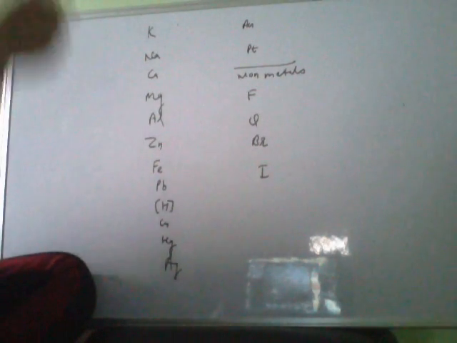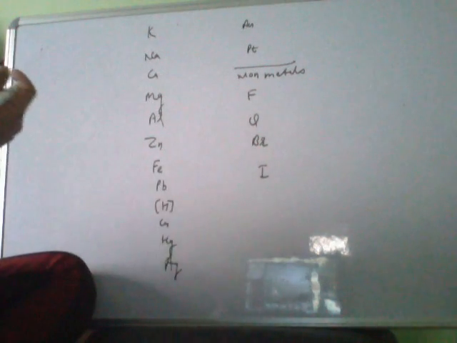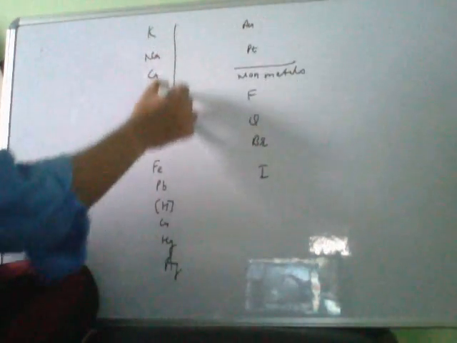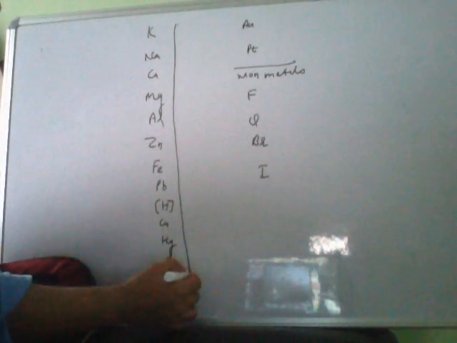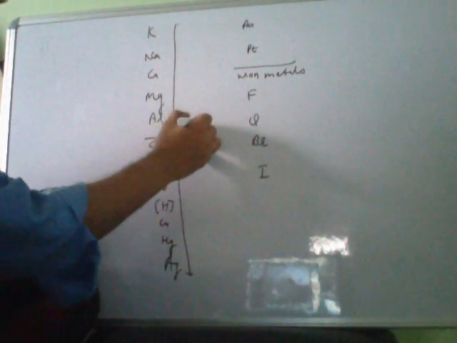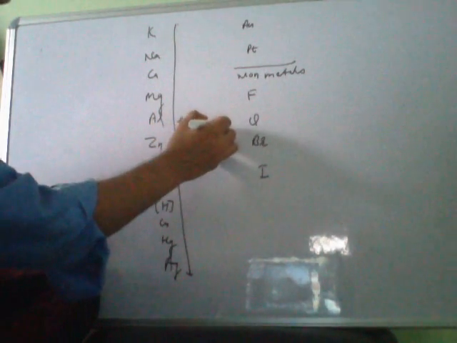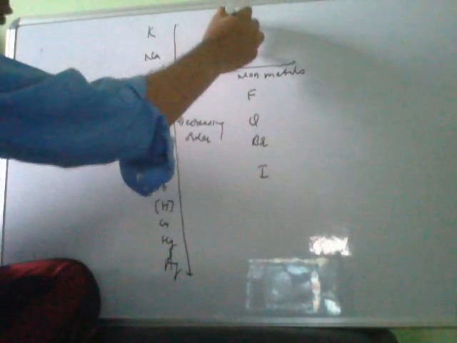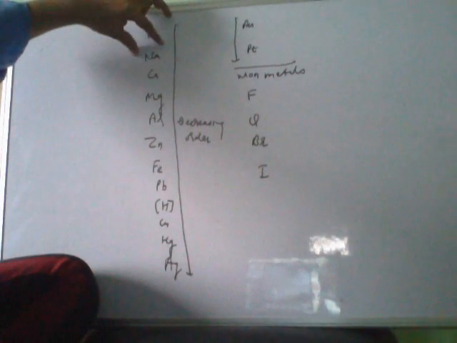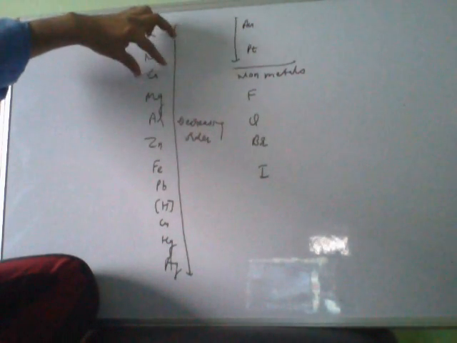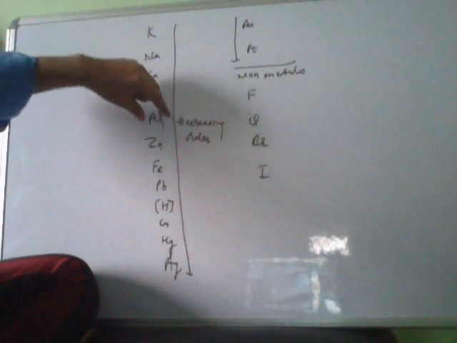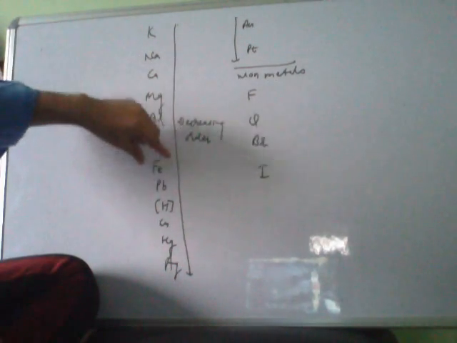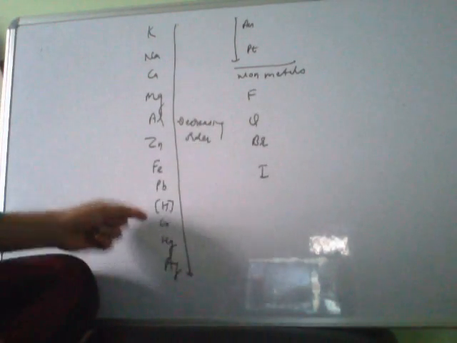So the most reactive metal here is potassium, and the order decreases going down. Potassium will replace sodium, sodium will replace calcium, calcium will replace magnesium, magnesium can replace aluminum, zinc, iron, lead, then hydrogen.